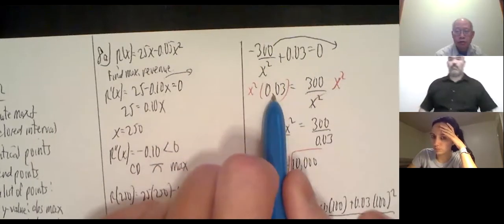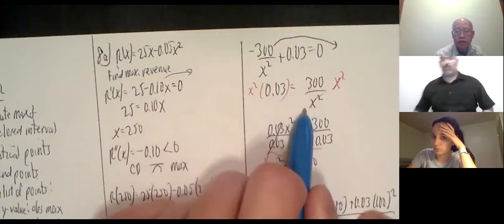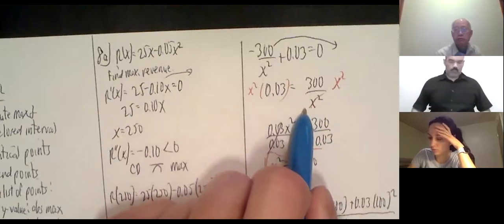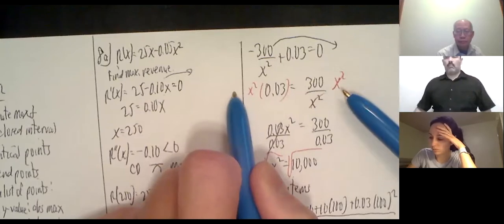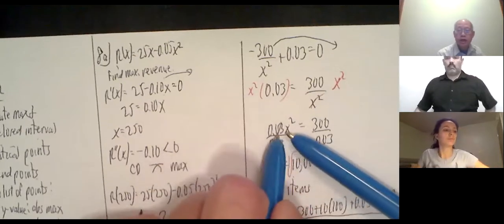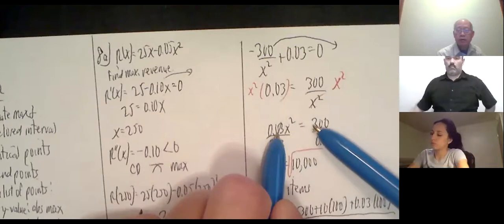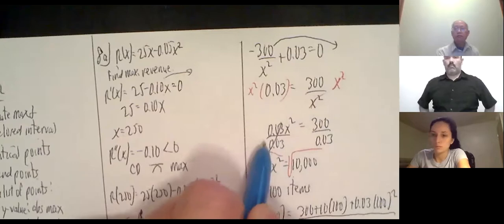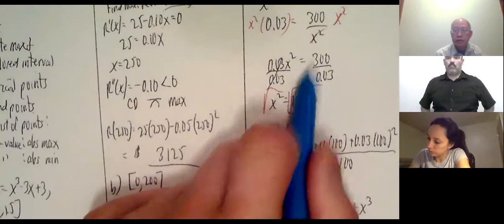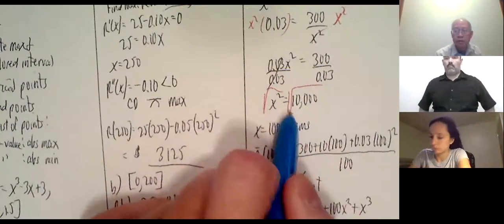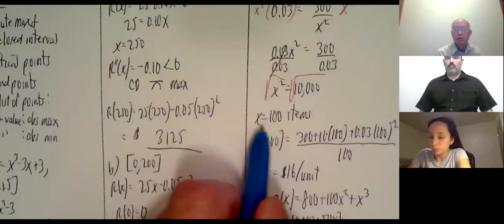So 0.03 equals 300 over X squared. Multiply both sides by X squared. 0.03 X squared equals 300. Divide by 0.03. X squared equals 10,000. 300 divided by 0.03 is 10,000. Square root both sides. X is 100 items.